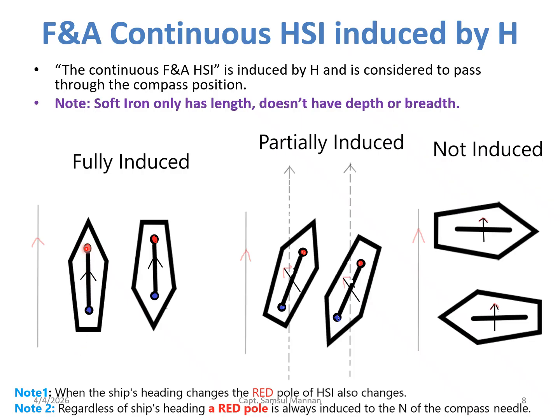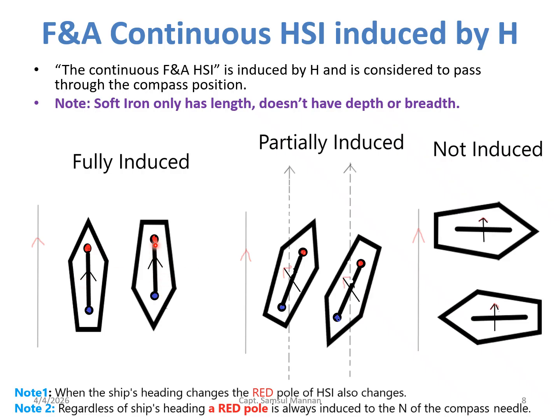So this horizontal soft iron is fully induced, and it will be completely aligned with the ship's magnetic needle. It will not have any kind of deviation. However, the directive force can increase and decrease. In that case, what will happen?